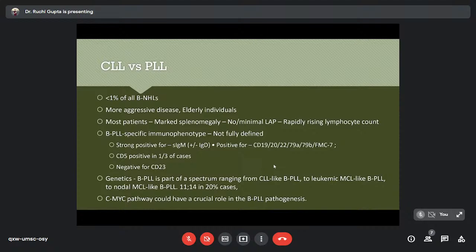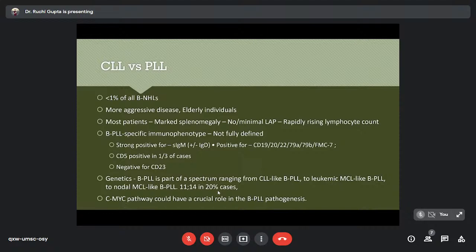So, when the genotyping of B-PLL was done, it is now believed that it is more closer to mantle cell lymphoma than CLL. And there was even a paper where it is shown that this B-PLL is probably a spectrum ranging from CLL-like PLL to a leukemic mantle cell-like B-PLL or a nodal mantle cell-like B-PLL, because even 11;14 translocation has been found in approximately 20% of the cases.